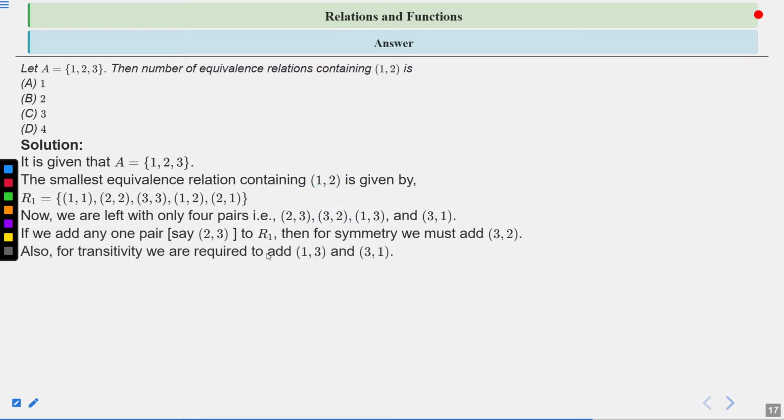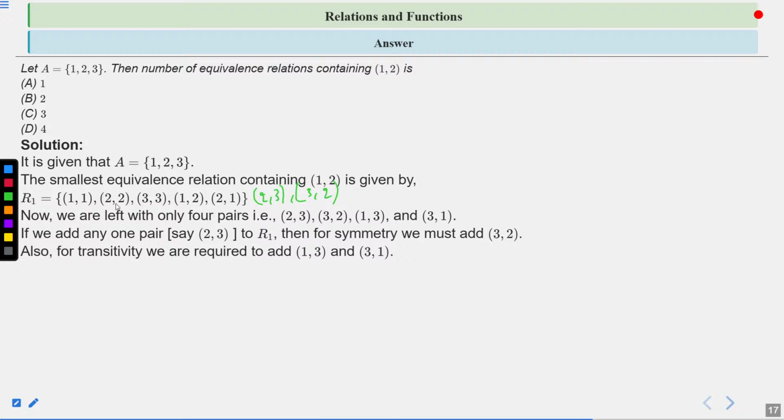Also for transitivity we are required to add (1,3) and (3,1), right? Suppose we are adding (2,3) and (3,2).